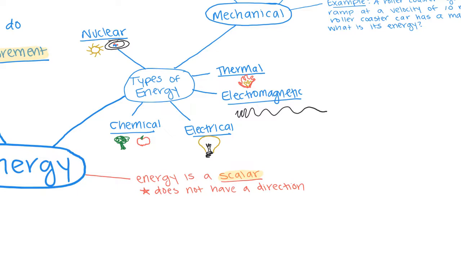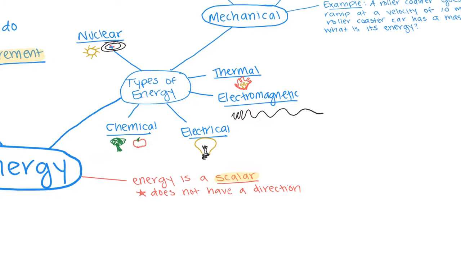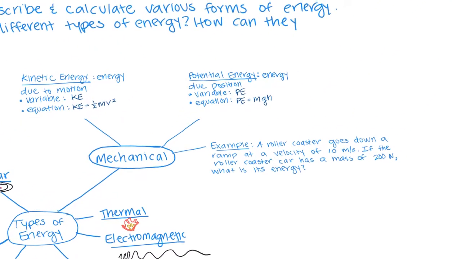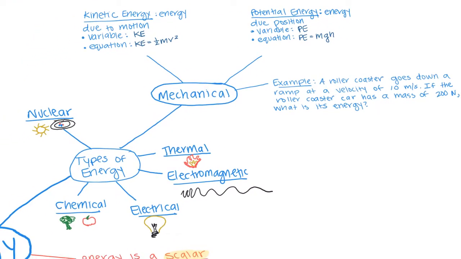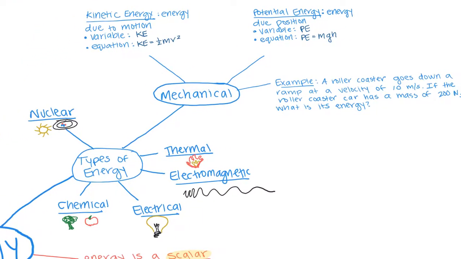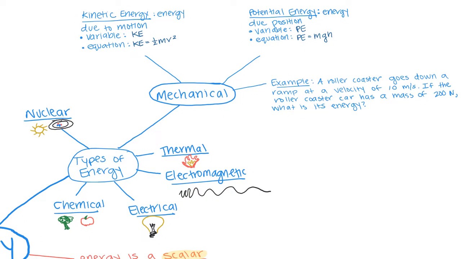So we may have time to get into nuclear energy at the end of the school year. But these are just a couple examples of different types of energy that you might have heard of before. The main type of energy that we are going to talk about today is mechanical energy. Now, there are two types of mechanical energy.